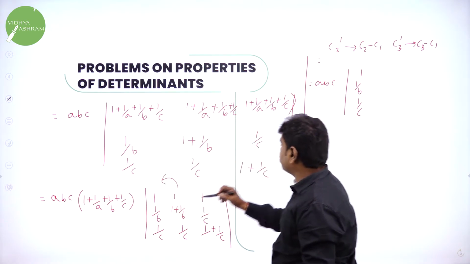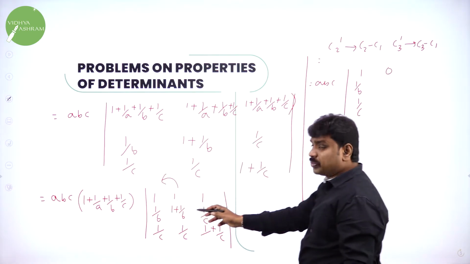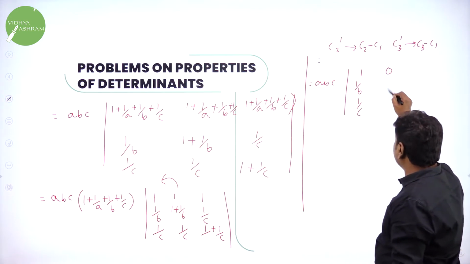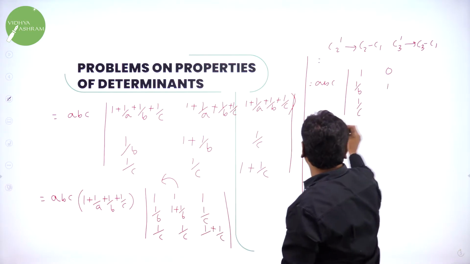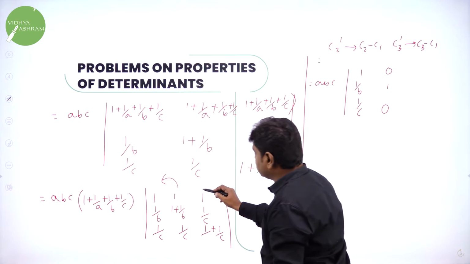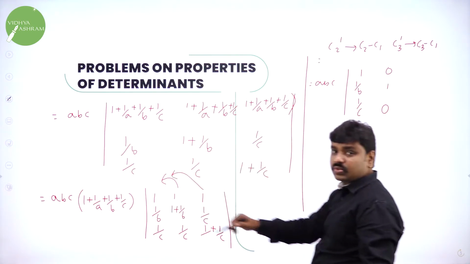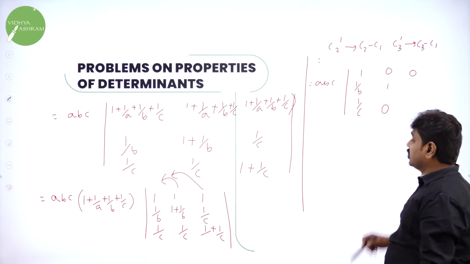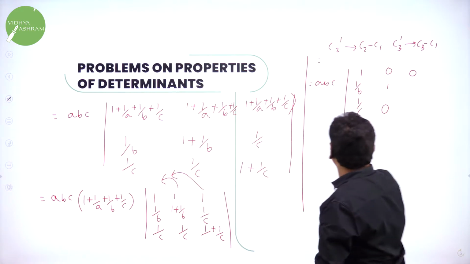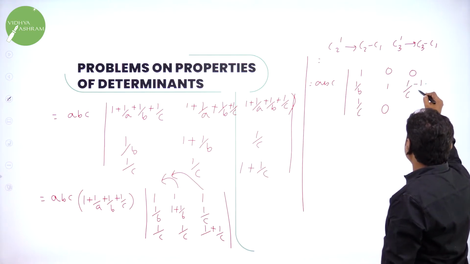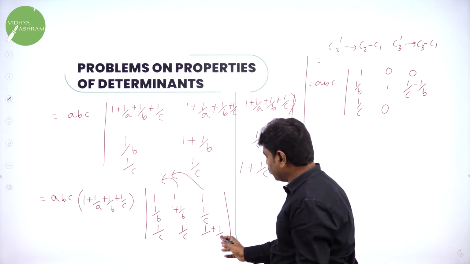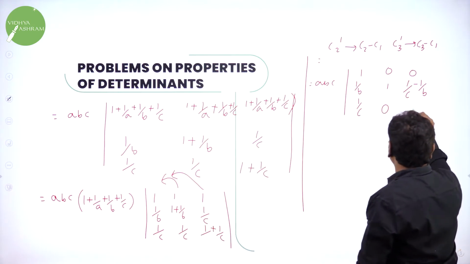In these two, if I subtract, this will become 0; 1 plus 1 by B minus 1 by B becomes 1, and these two if I subtract I will get 0. Similarly, these two if I subtract, 1 minus 1 is 0, further 1 by C minus 1 by B, further 1 plus 1 by C minus 1 by C becomes 1.